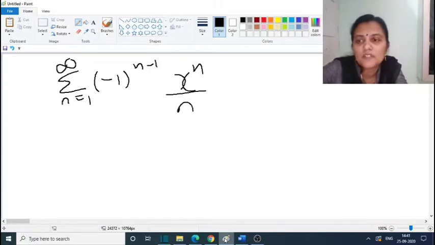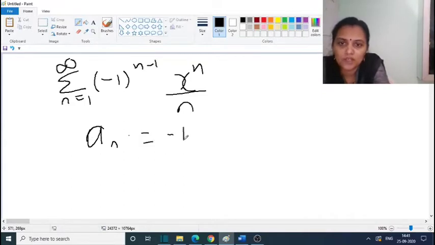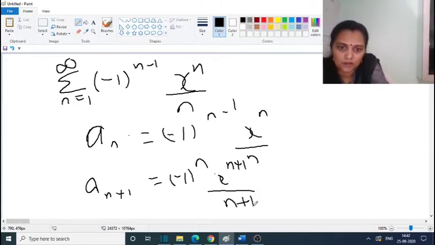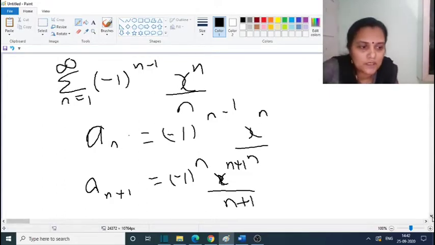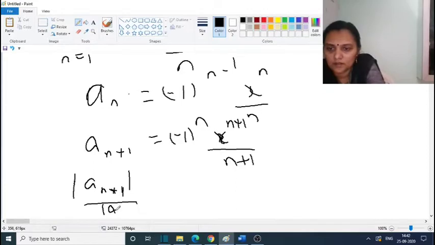So the first problem is to test the convergence of the series sigma n equal to 1 to infinity (minus 1) raised to n minus 1 into x raised to n by n. So we can take an as (minus 1) raised to n minus 1 x raised to n by n. So an plus 1 is equal to (minus 1) raised to n x raised to n plus 1 by n plus 1. We can take modulus of an plus 1 by an, limit n tends to infinity.